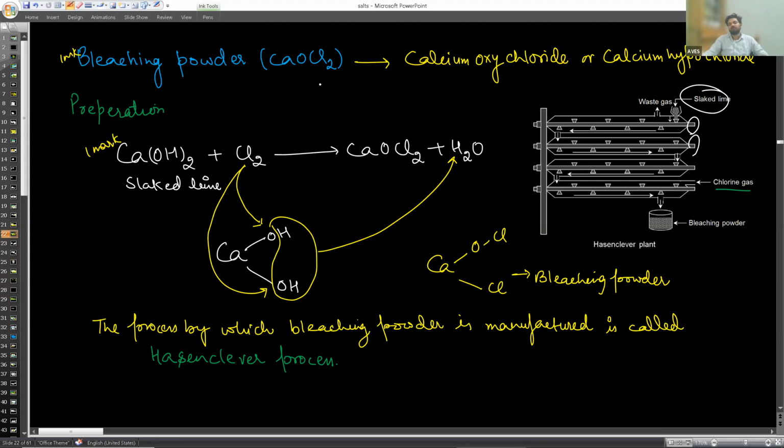So bleaching powder, note it fast. Are you done? Aisha? Do it first.